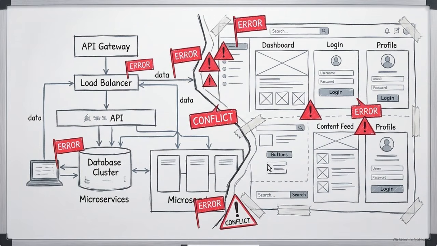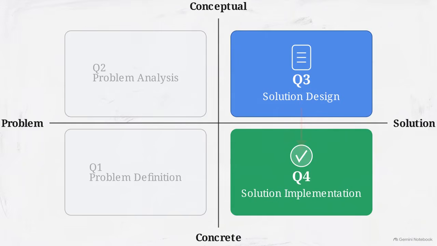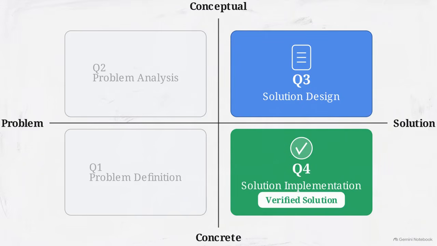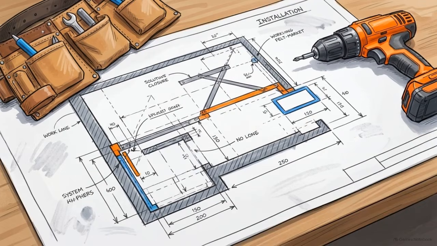Finally, you drop down into Quadrant 4, solution implementation. This is the concrete solution space, where your paper design meets reality. The work is executed, and the final results are rigorously verified against the original problem. The risk in this final step is translation loss.